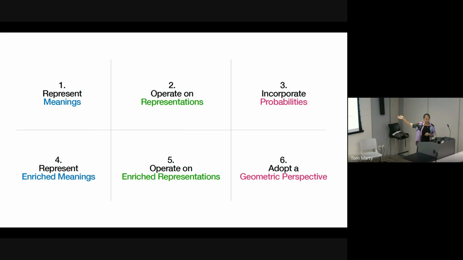Then we'll incorporate probabilities. That's point number 3. Once you do that, you can repeat steps 1 and 2. You can represent meanings in this statistical sense, and then operate on those representations. And then you can move to a geometric perspective and use tools that come from geometry. So this is all starting from, hey, does blue sit inside a blueberry? And what's the pi of that?